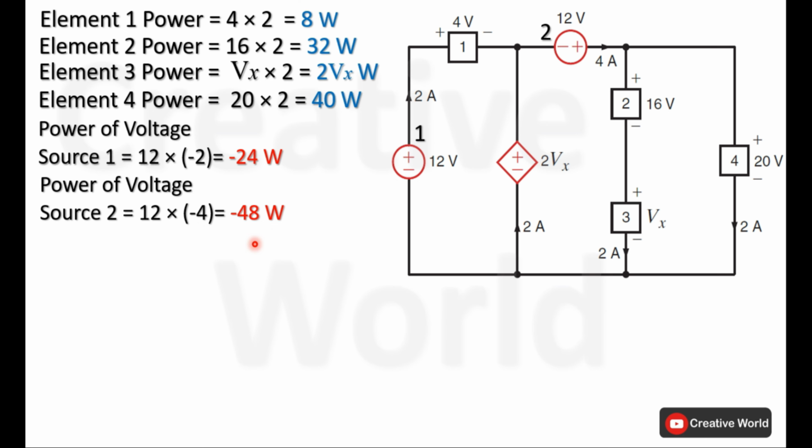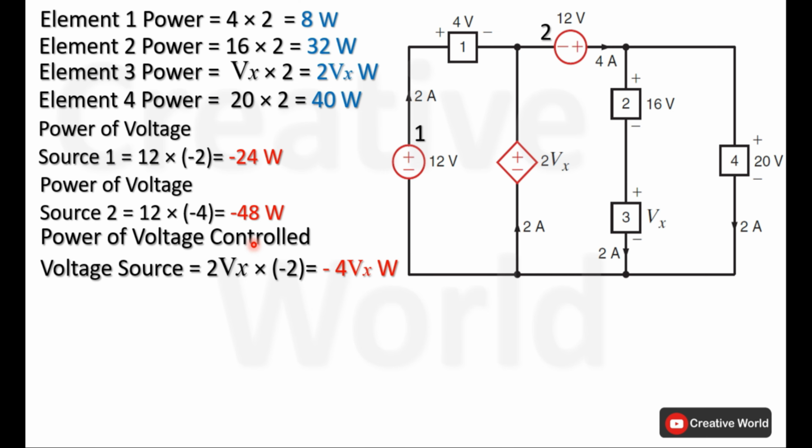Now the last element of the circuit is the voltage controlled voltage source. Power of this element will be voltage across it 2Vx and current through it 2 ampere. This current is entering from negative terminal, so this current will be taken with minus sign and voltage across it is 2Vx. So the power of this element will be minus 4Vx watt. Because of minus sign, this power is being supplied through this element.